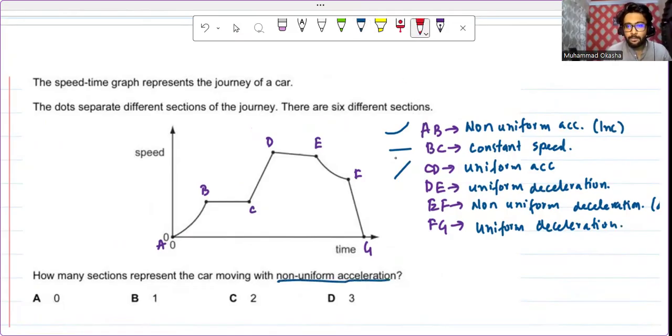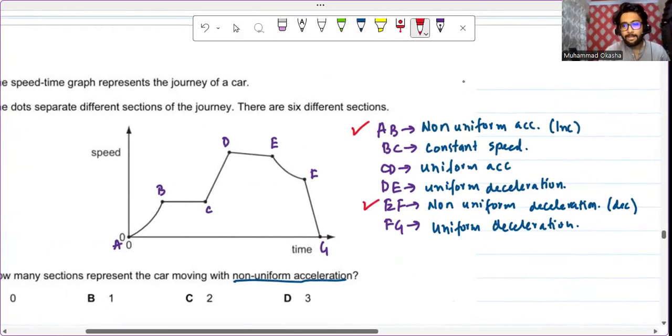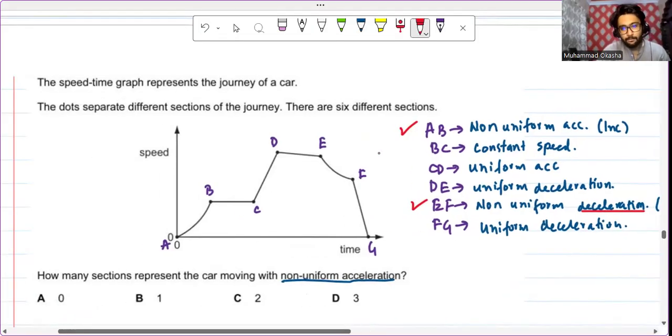So non-uniform acceleration, first of all, is the first one. If you carefully notice, EF is also non-uniform deceleration. Deceleration is the same thing as negative acceleration, right? So I can say this is also non-uniform acceleration, I mean, non-uniform negative acceleration to be precise.